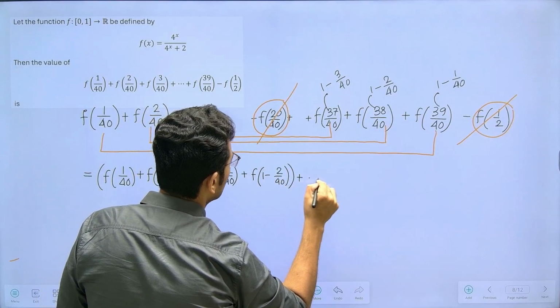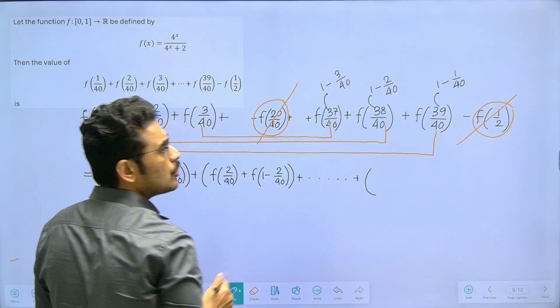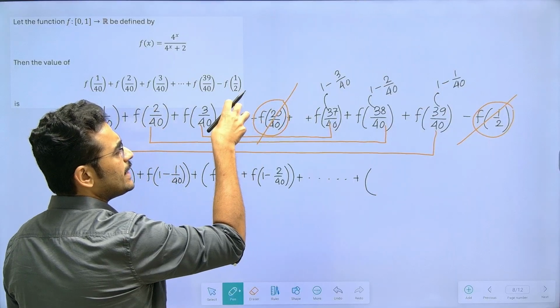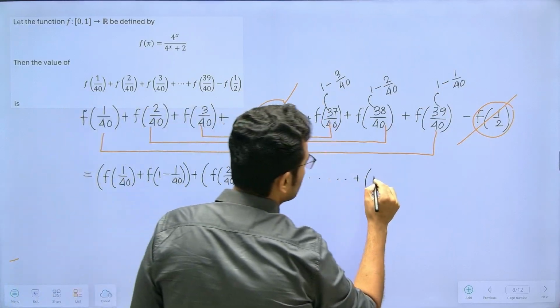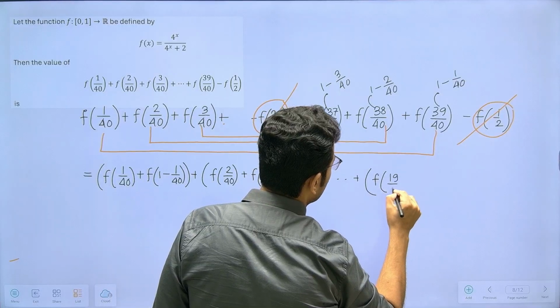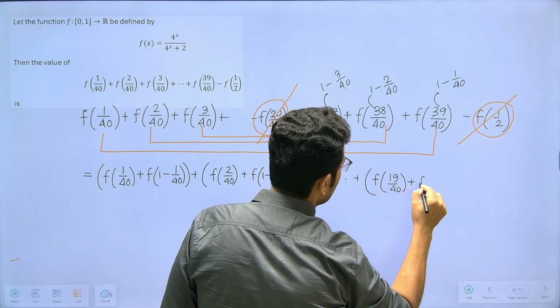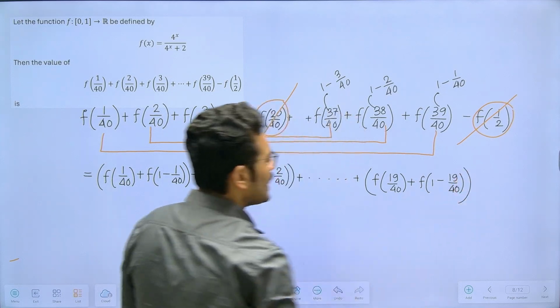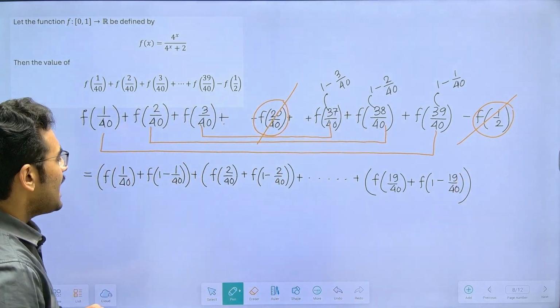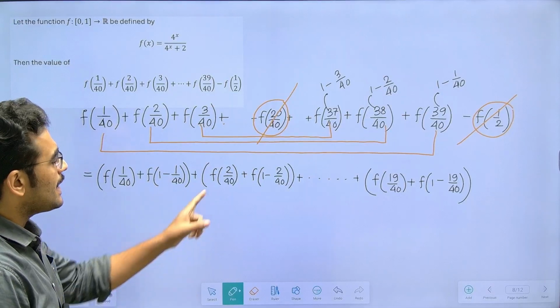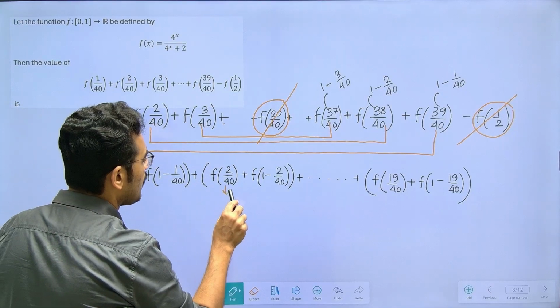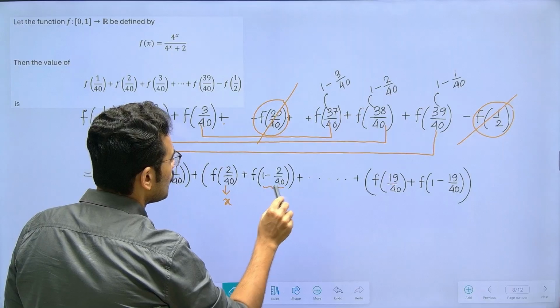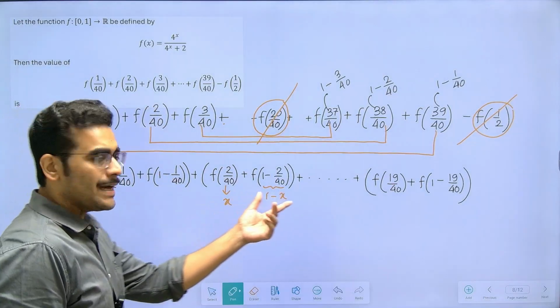Like that, if we make groups, finally the grouping will end with f(19/40) plus f(1 − 19/40). So like this we'll have groups, and every group has a pattern: f(x) and f(1 − x). So x and 1 minus x.